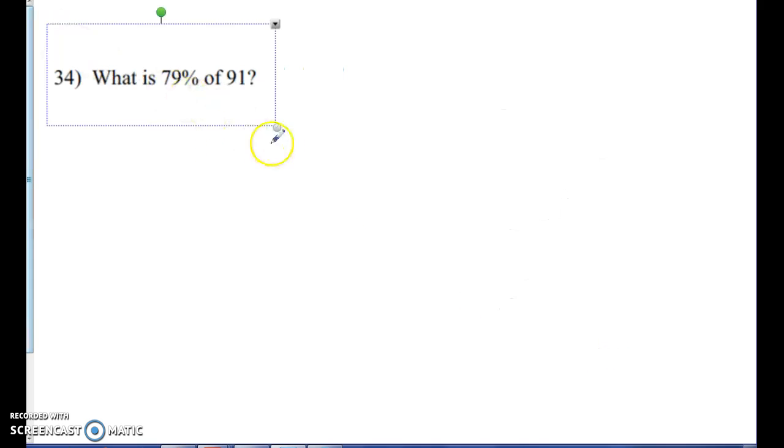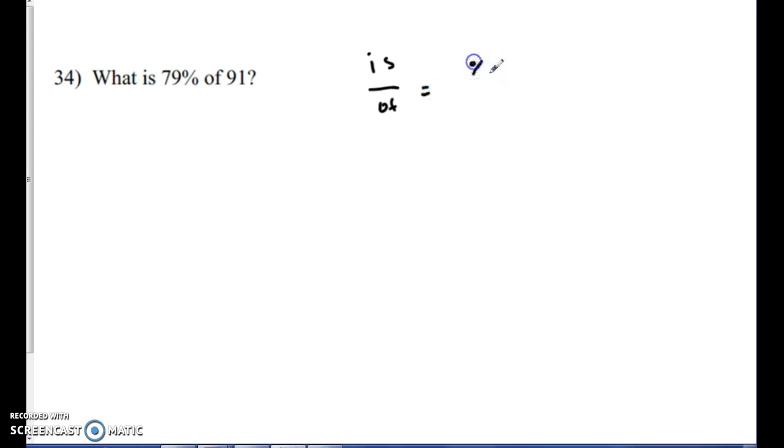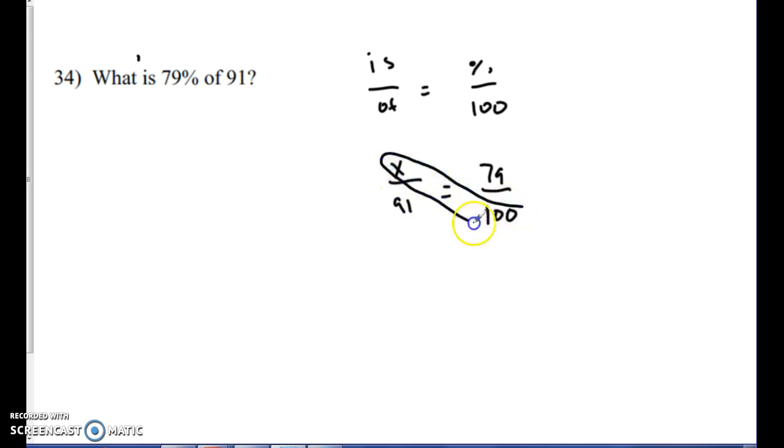And I'll do one more. All right. Is over of equals percent over 100. So I know my percent is 79 over 100. What is? I do not know my is. X over 91 of. Cross multiply.